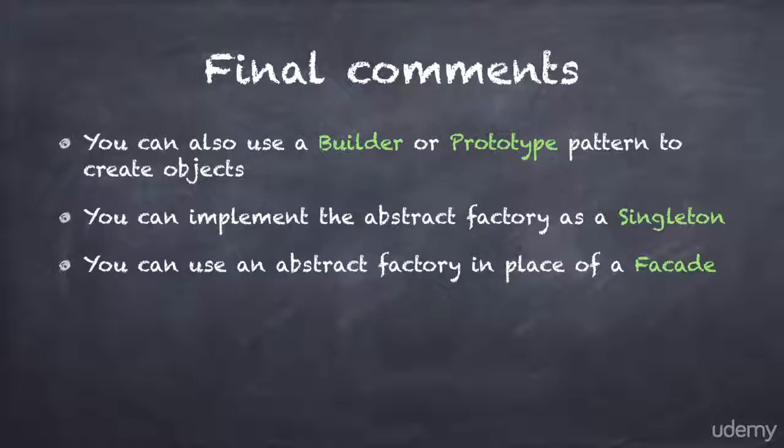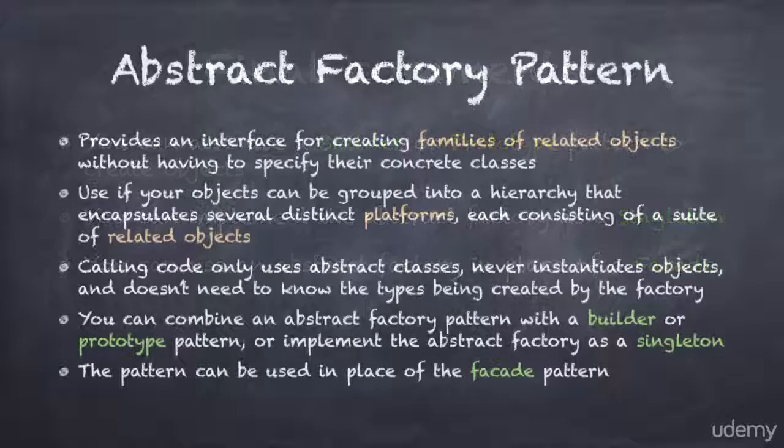Okay, so here's a summary of what we've learned. The abstract factory design pattern provides an interface for creating families of related objects without having to specify their concrete classes.